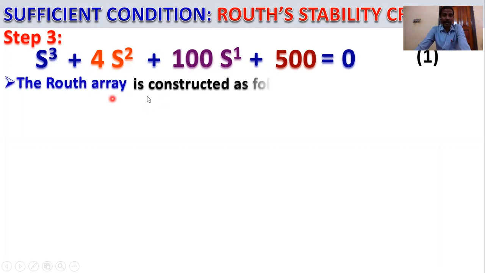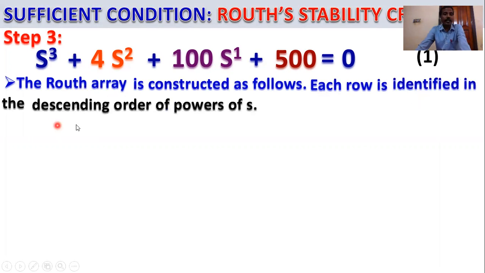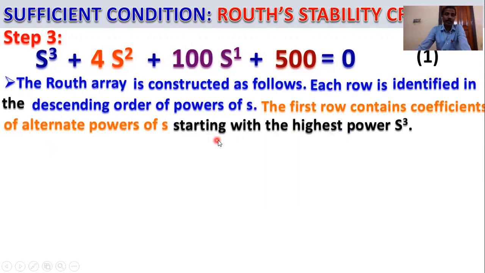The Routh array is constructed as follows. Each row is identified in the descending order of power of S. The first row contains coefficients of alternate power of S, starting with the highest power S cube. In this case, the starting highest power is S cube.